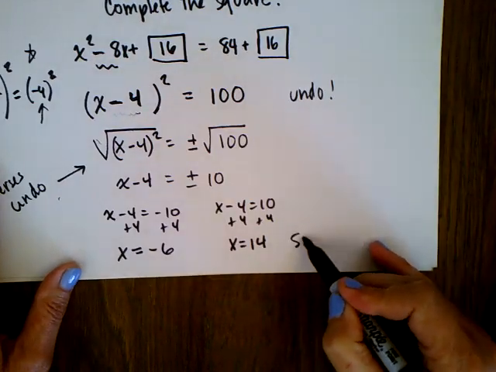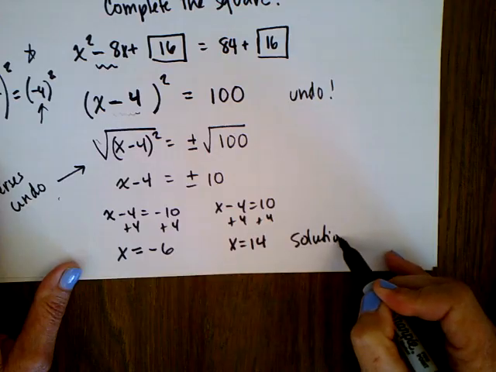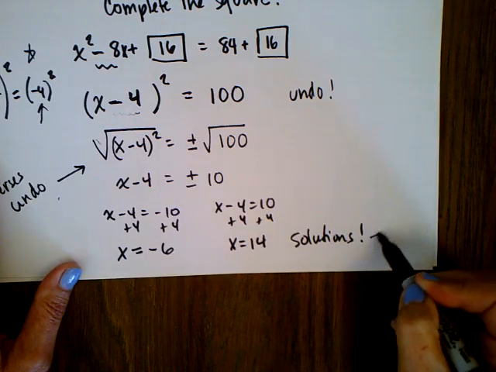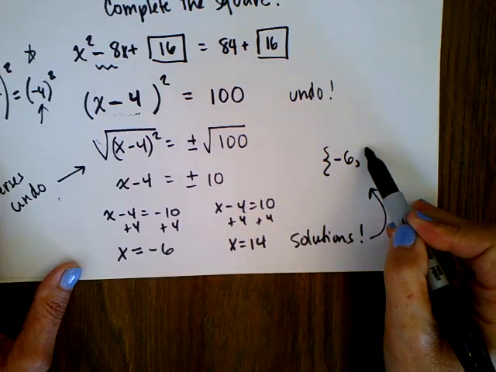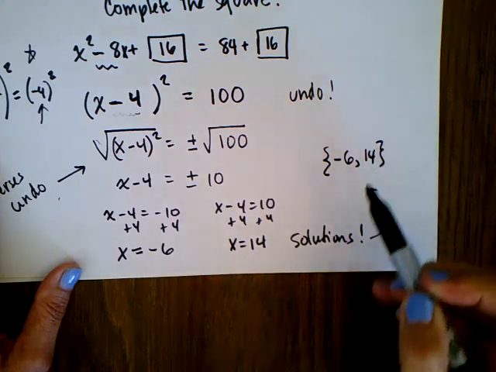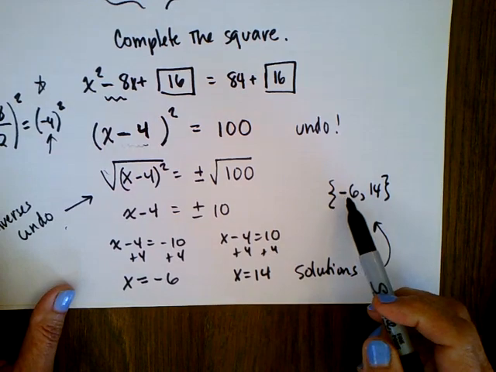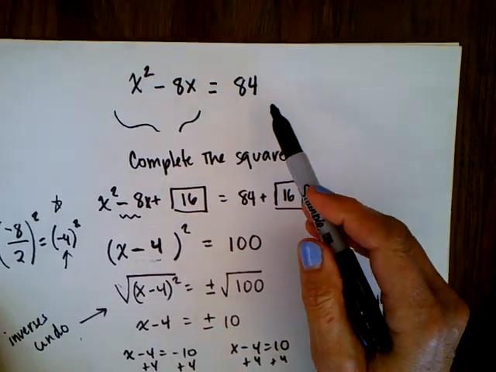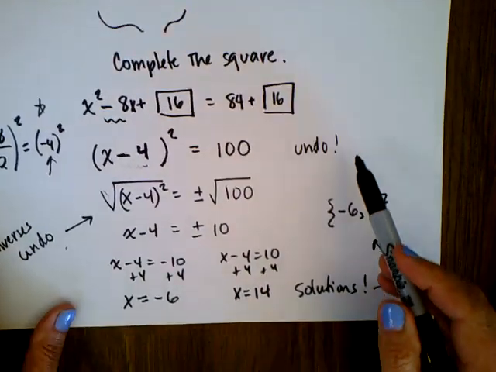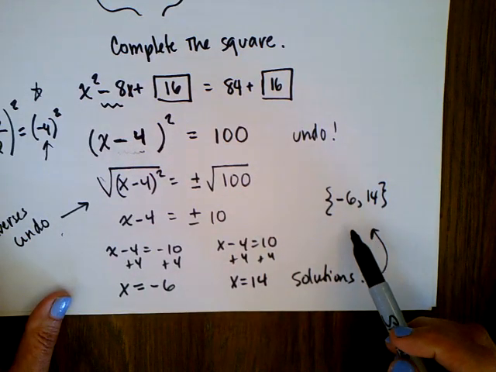These are the solutions to our quadratic equation. We can also write them in curly brackets, negative 6 and 14. These are the values of the variable that make the equation up here true. So those are our solutions.